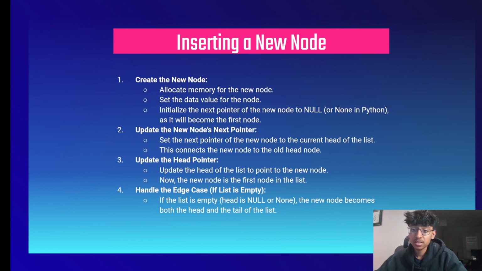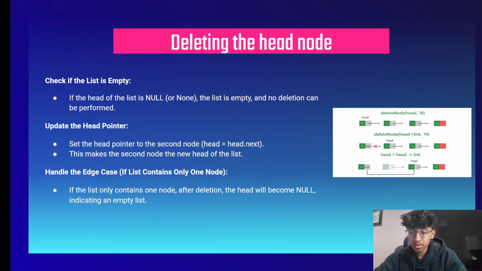Now, let's look at how to delete the head node. Deleting the head node is not a complicated operation, but it requires careful pointer management. First, you would store the reference to the current head node. Then, you would update the head pointer to point to the next node in the sequence.